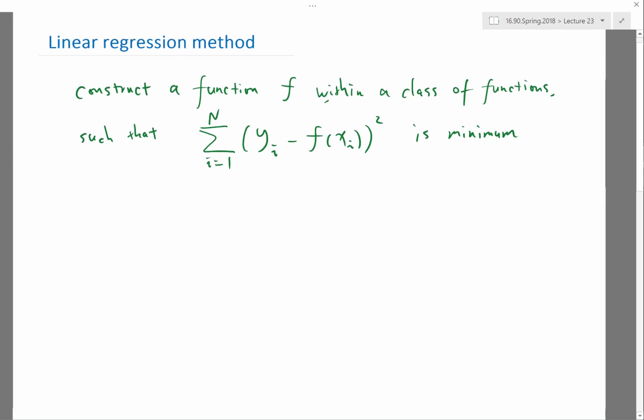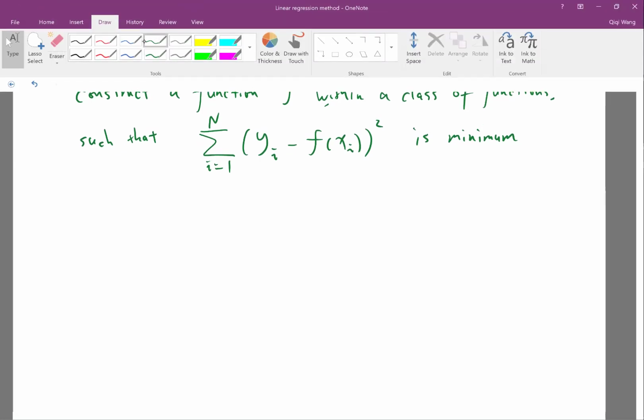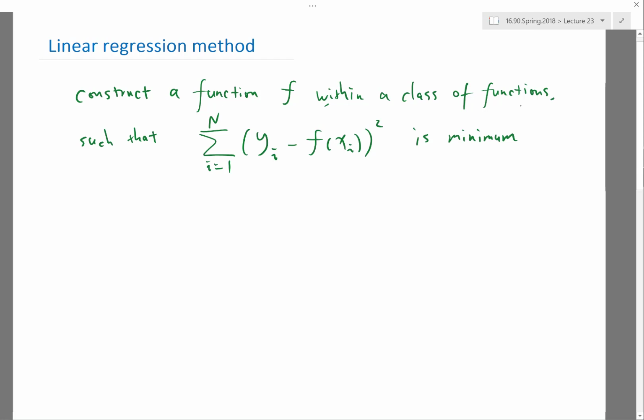So linear regression is just a particular way of parameterizing these functions f. So if I have linear regression, f of x is equal to ax plus b. So that's if you have a univariate linear regression, right?